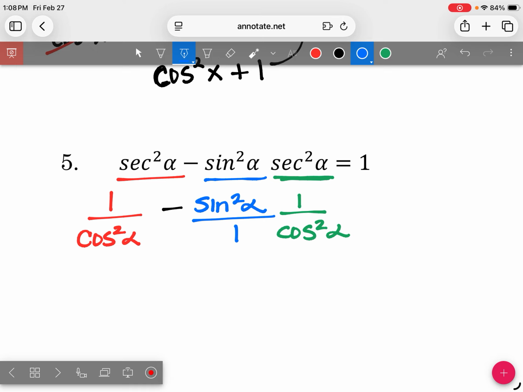Okay, so now we can multiply without a common denominator. So let's go ahead and bring this together. And when I bring it together, I have 1 over cosine squared theta minus sine squared theta over cosine squared theta.